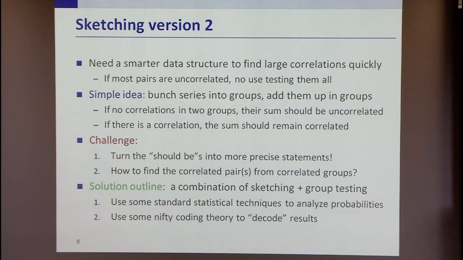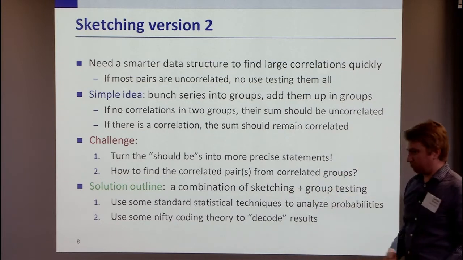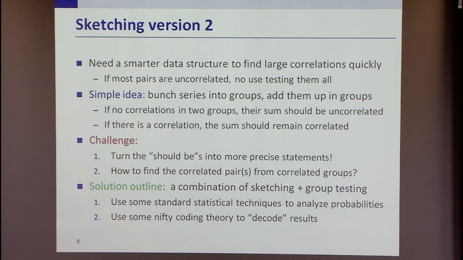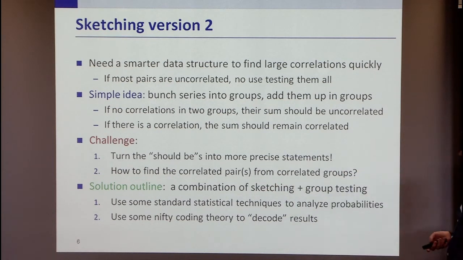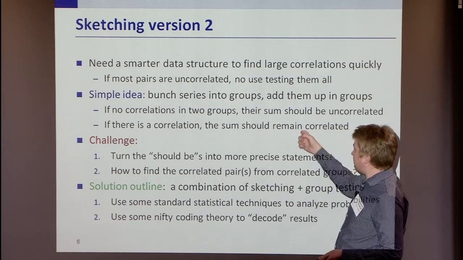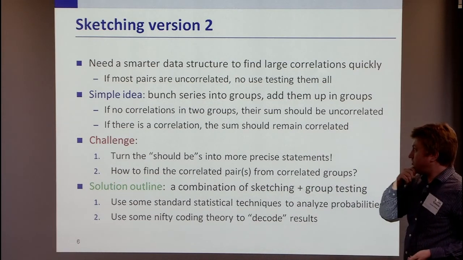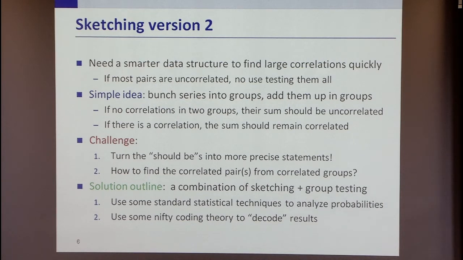So the solution outline is to say we're actually going to do a couple of things. I've kept talking about groups, so group testing, coding, these kinds of techniques are going to appear. And an outer layer of sketching is also going to appear. This outer layer of sketching is to do with the fact that you can certainly imagine situations where things combine in an unhelpful way and a correlation that was present between two groups cancels out in some way.